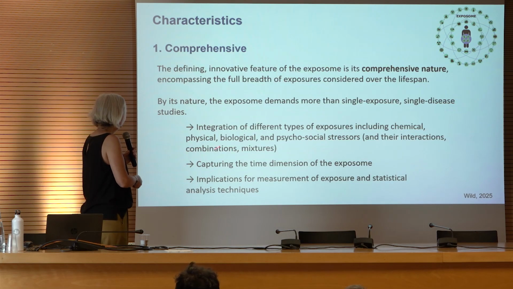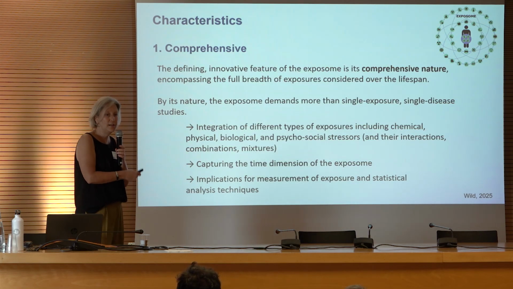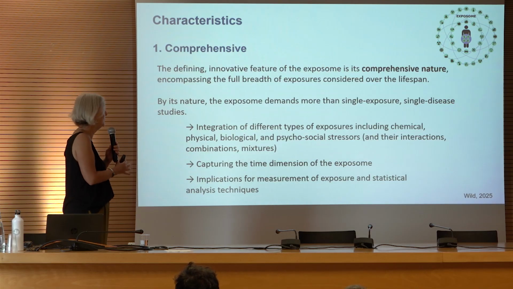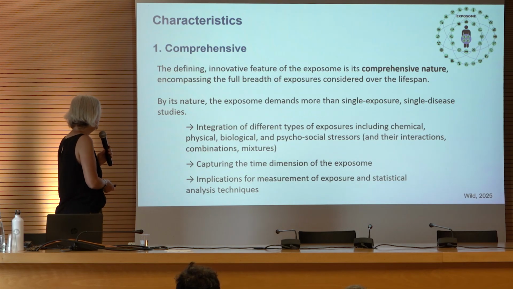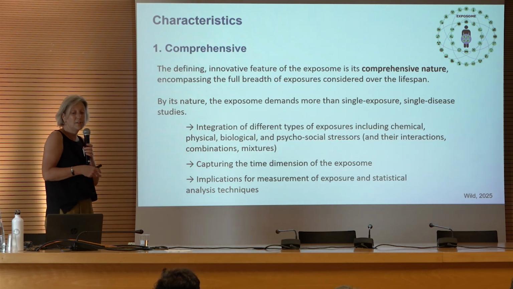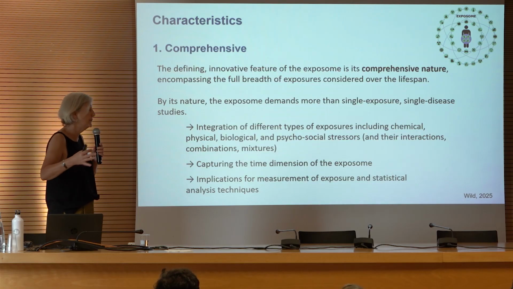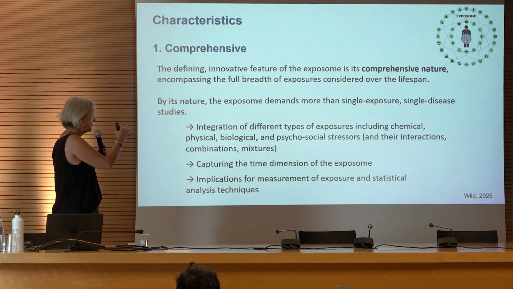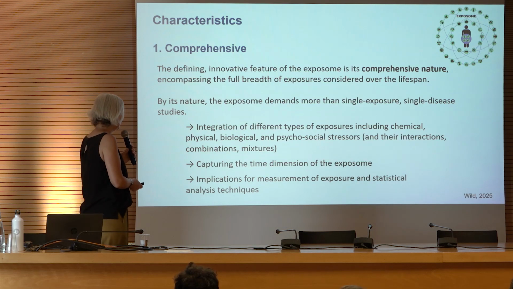The time dimension is important. Obviously, the exposome is dynamic, as opposed to the genome that doesn't change in a lifetime. So we would ideally also like to capture that time dimension. The same exposure may have different effects at different stages of life. Most environmental exposures have huge temporal variability.